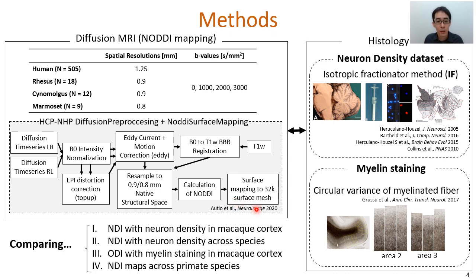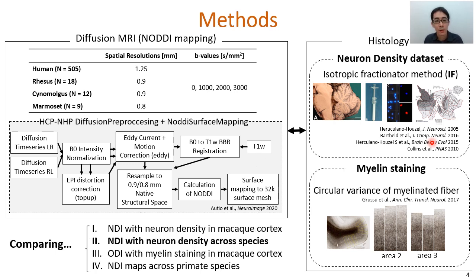Then, we compared these NODI maps with histology. First, we used macaque cortical neuron density data by Collins in 2010, mapped the data onto our average cortical surface, and compared it with the macaque average NDI map.